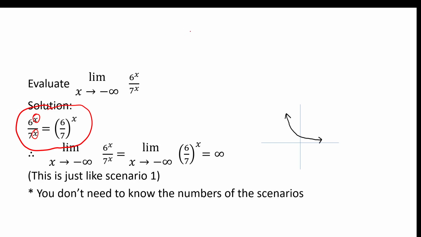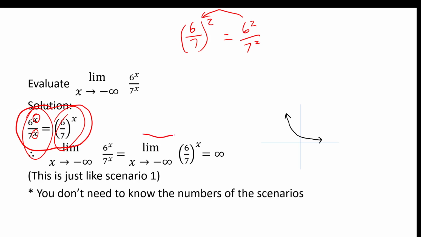That sometimes takes people a moment to consider, but think about it this way. If I gave you 6 over 7 and said we'd squared it, you would know that that is the same as 6 squared over 7 squared. Similarly, if I gave you 6 squared over 7 squared, you would be able to say that's 6 over 7 quantity squared. So if I give you 6 to the x over 7 to the x, hopefully you can say, oh yeah, that's just 6 over 7 to the x.